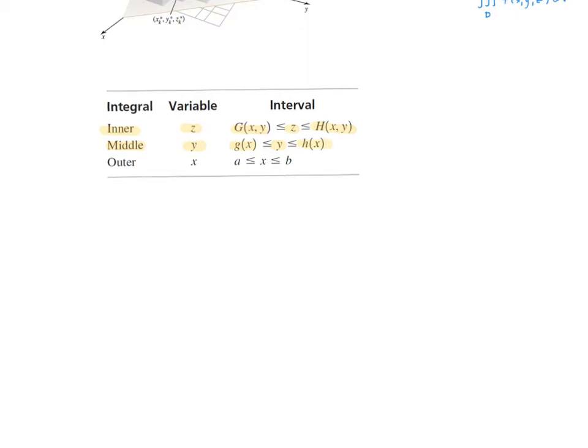Once we integrate with respect to y, then y is gone, and we're left with our outer integral integrating with respect to x, and these would be our constant limits of integration. It's not always going to be in that order, but typically it's going to be dz, dy, dx.